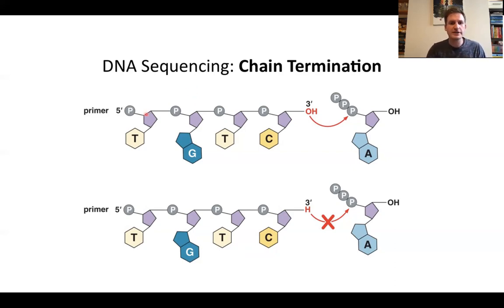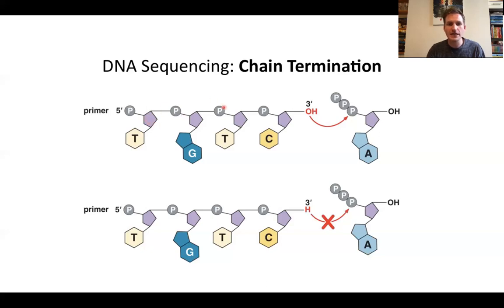We know that DNA has a sugar-phosphate backbone. So this gray P is a phosphate group. This purple shape, I would say hexagon, but it's more like a pentagon, is the sugar.